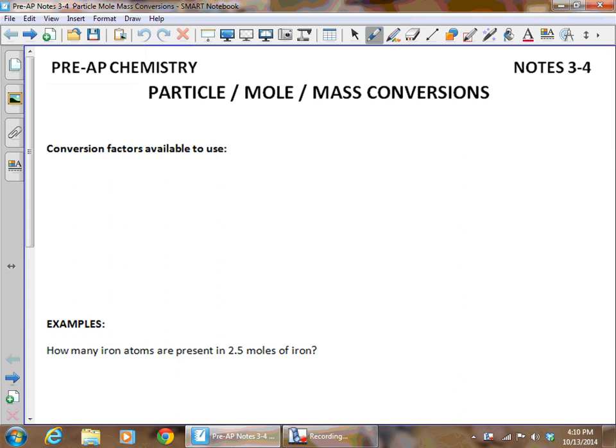Today we're going to continue our discussion of particle mole mass conversions by adding a third conversion factor. Now this conversion factor, I kind of think of as being parts of a whole. How many particles, or how many atoms, do we have of each kind of element inside a particular compound?